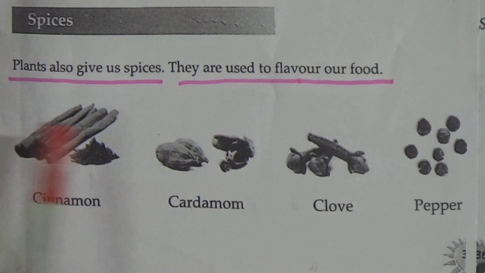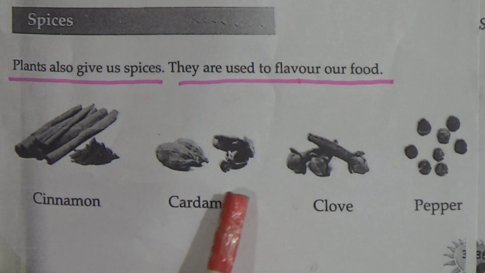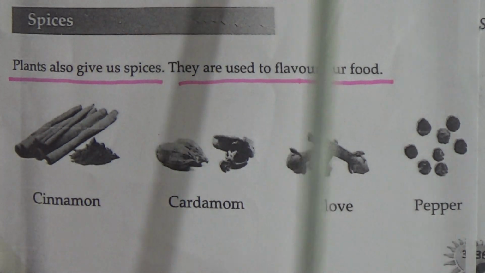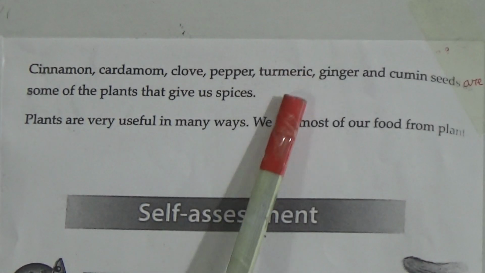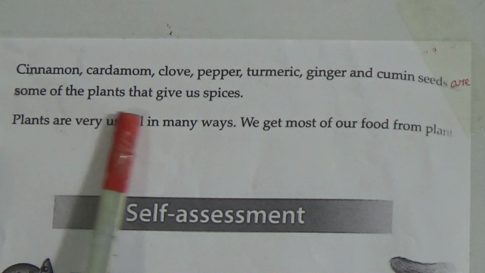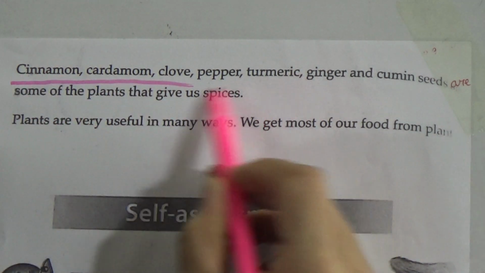See this figure. This is the figure of cinnamon. This is cardamom, and this is clove. This is pepper. Okay. Cinnamon, cardamom, clove, pepper, turmeric, ginger and cumin seeds are some of the plants that give us spices. My dear students, underline this line.